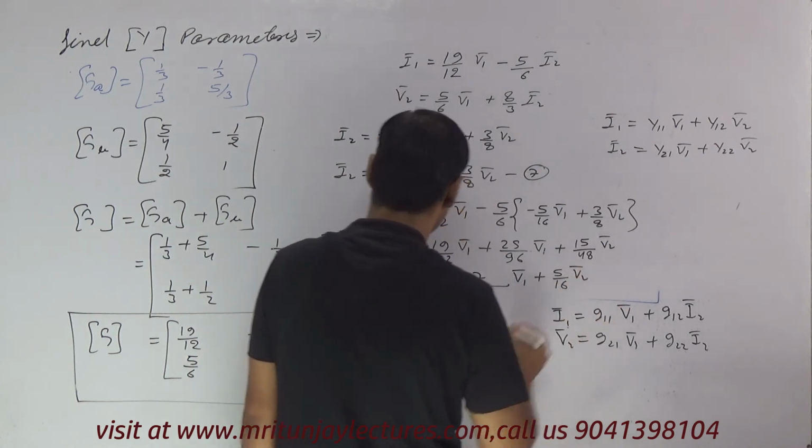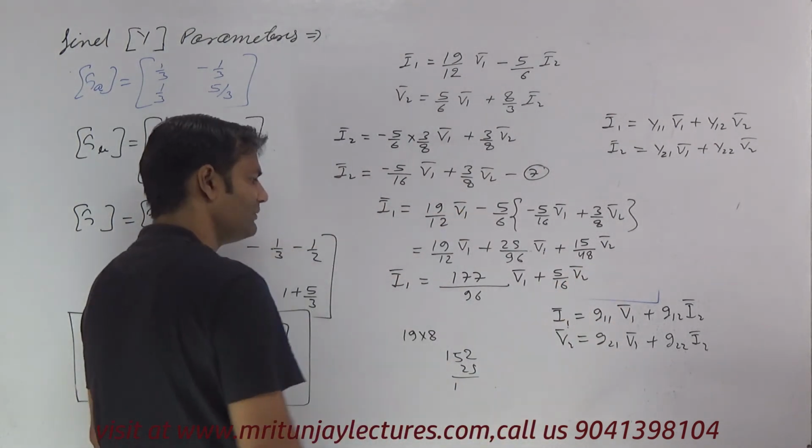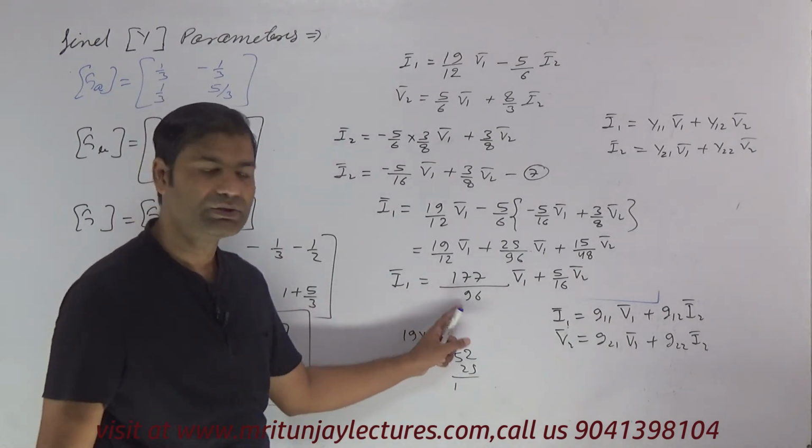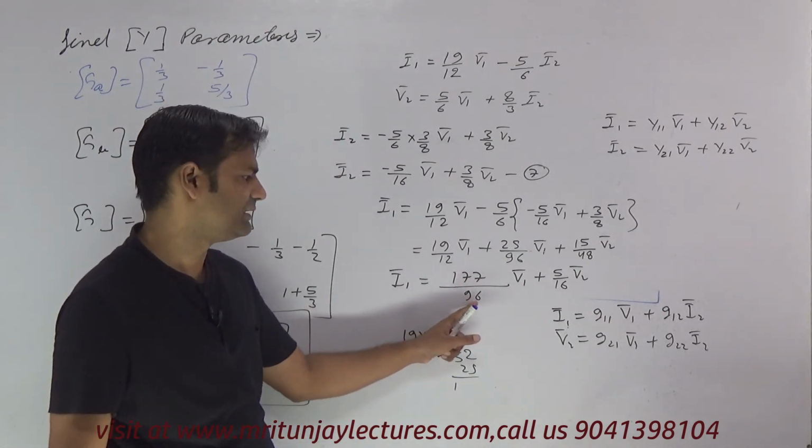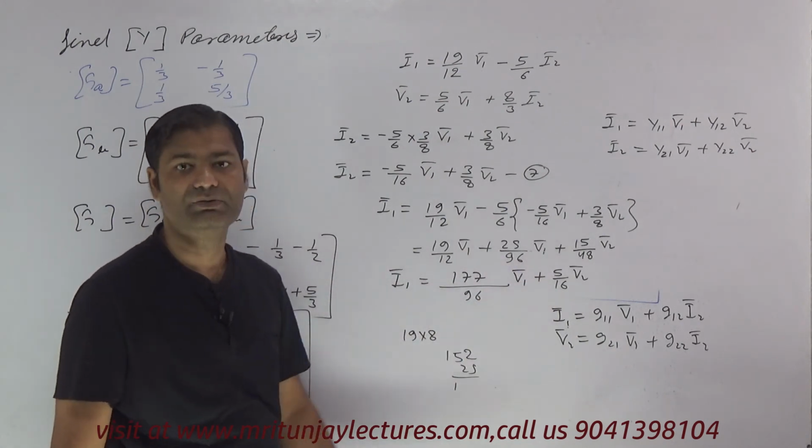So I1 is written as 177 by 96 into V1 plus 5 by 16 into V2.